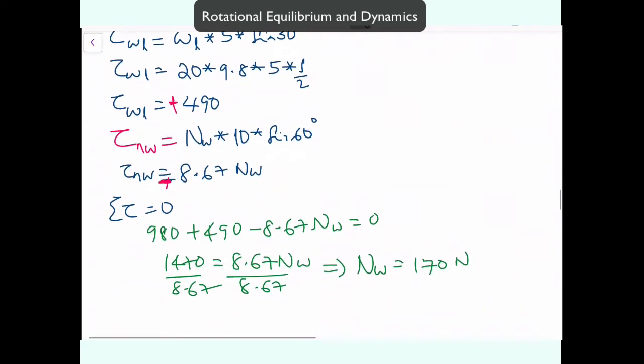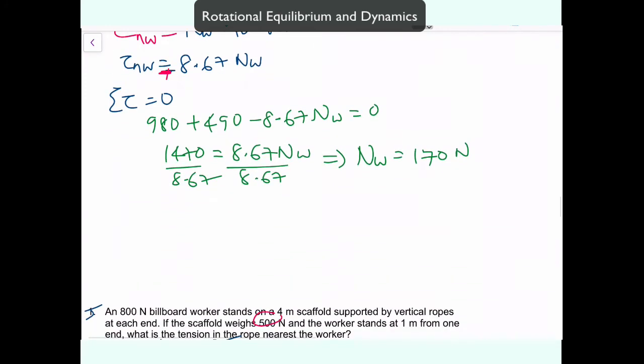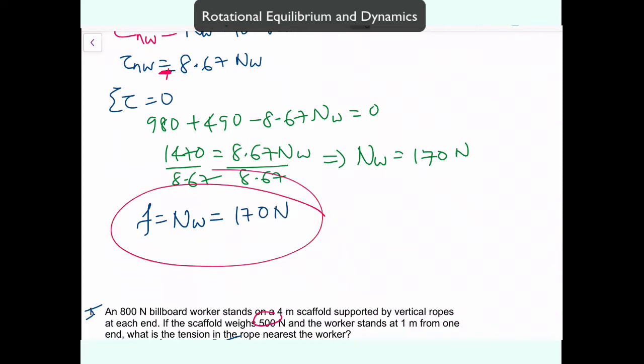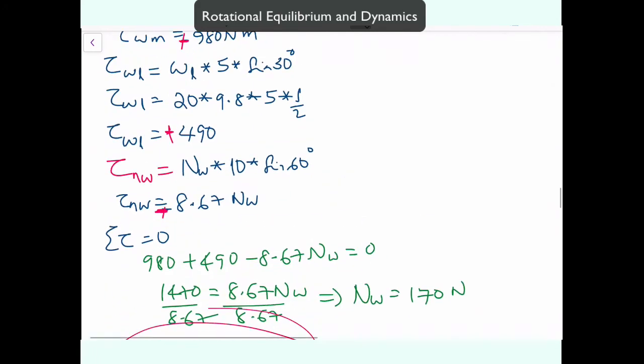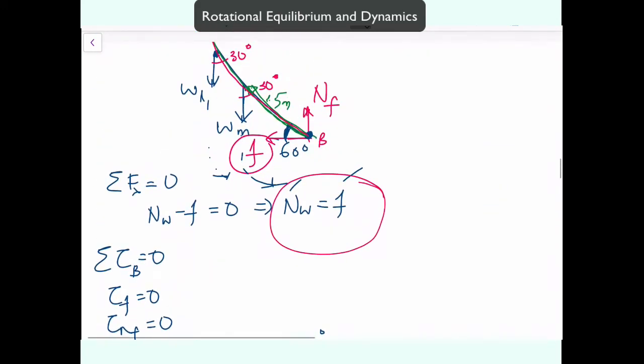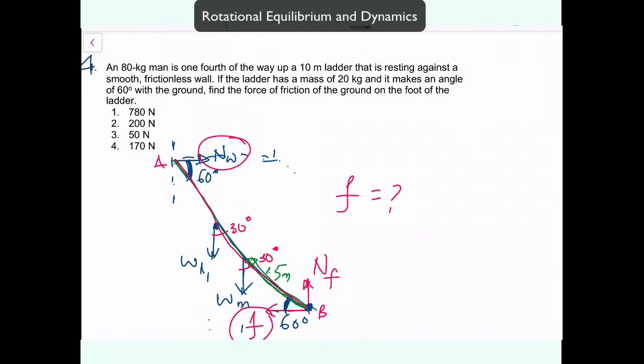So the friction equals the normal force from the wall, so the result is approximately 170 Newton. So if there is any multiple choice which says approximately 170, then you choose that. With this we conclude the chapter. If you have any question, just comment.